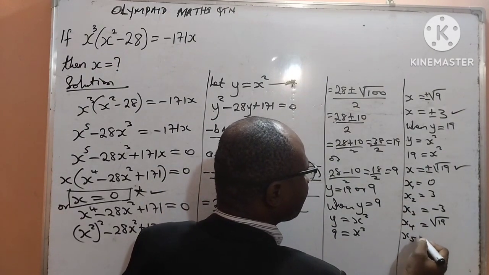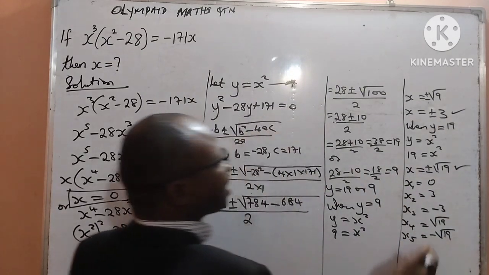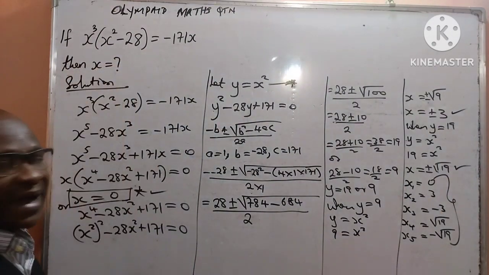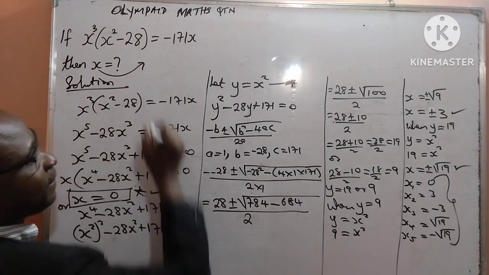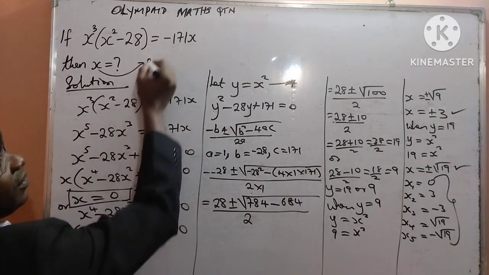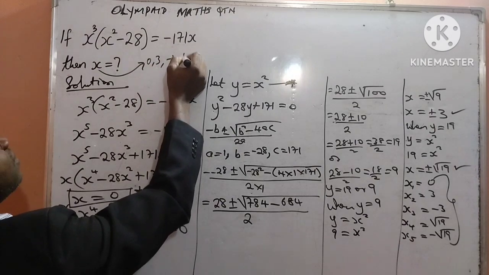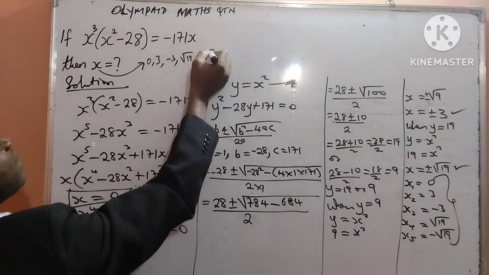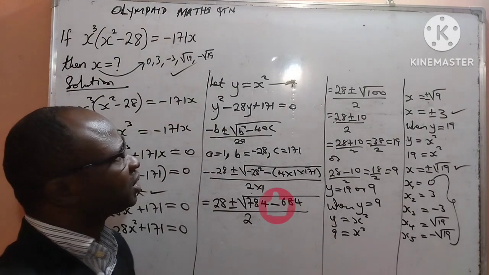And the fifth value of x is equal to minus square root of 19. These are the values of x. So, the values of x are 0, 3, minus 3, square root of 19, and the negative square root of 19. These are the values of x, the solution.